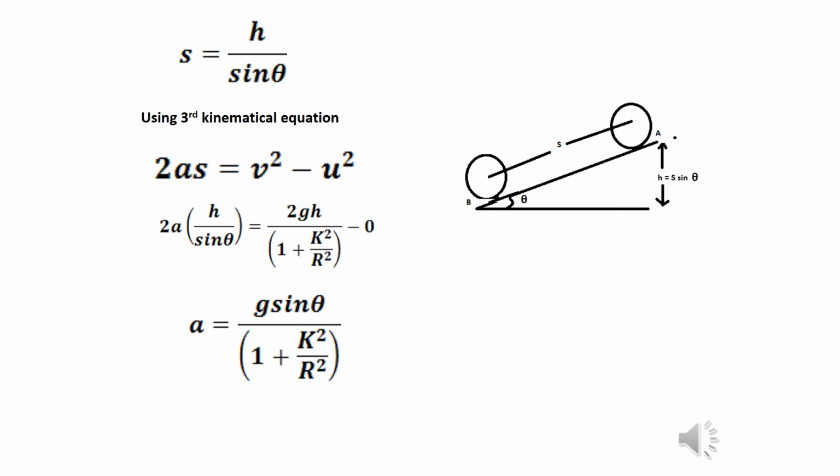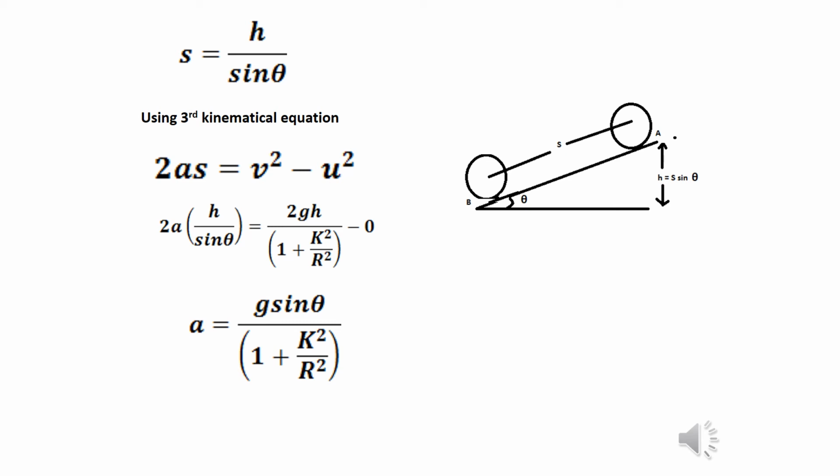From the geometry of the figure, it is clear that h is equal to s sine theta. Therefore, the displacement s is equal to h divided by sine theta.